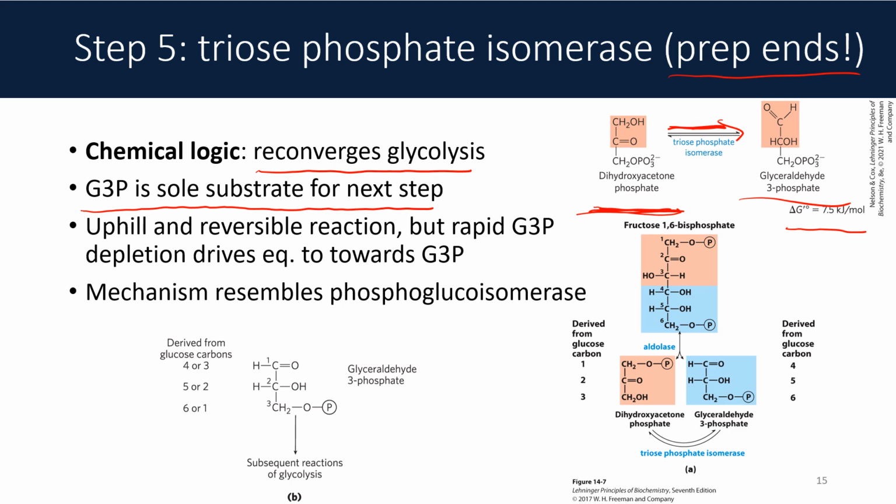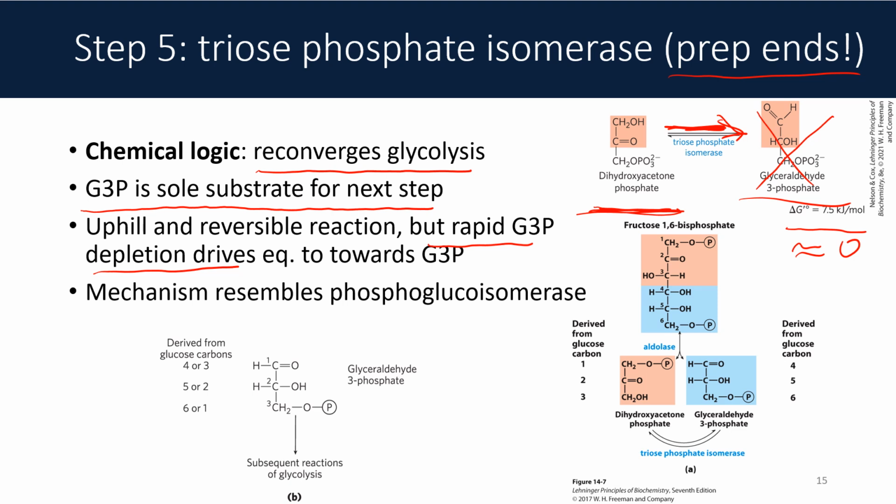The next step is going to consume G3P so quickly that Le Chatelier's principle will kick in. G3P will be a short-lived intermediate, and thus we are going to stress equilibrium to proceed to the right. Therefore, yet again, while the experimental test tube delta G of this reaction is positive, the cellular delta G is closer to 0.